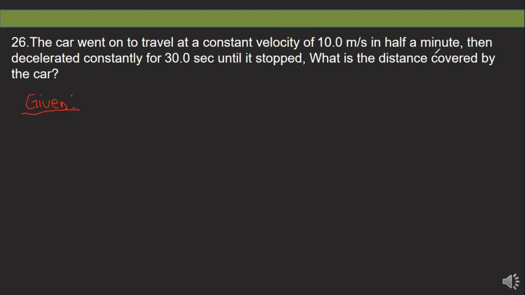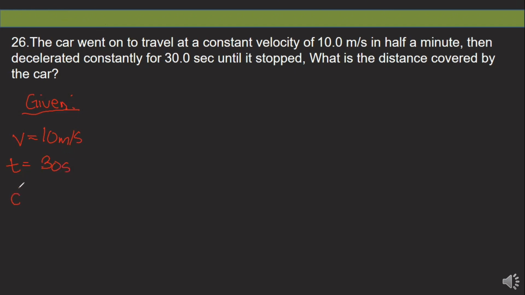We have here the constant velocity given, which is 10 meters per second, and the time, which is half a minute. 1 minute is 60 seconds, so half of it is 30 seconds.